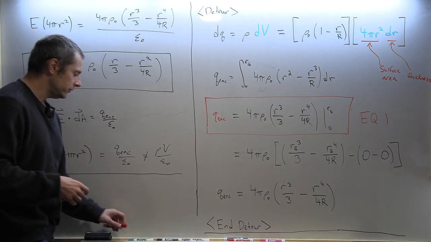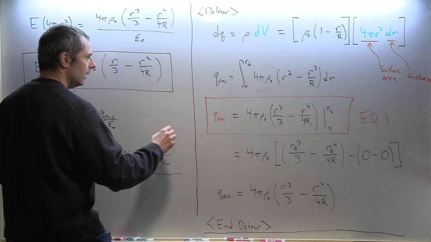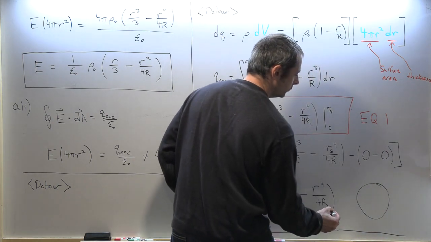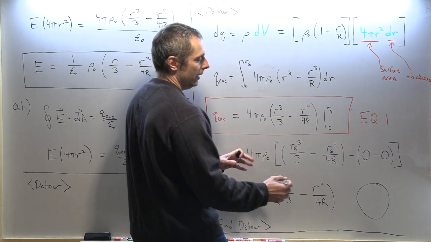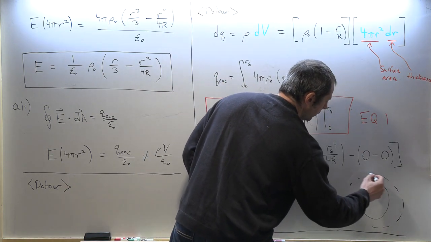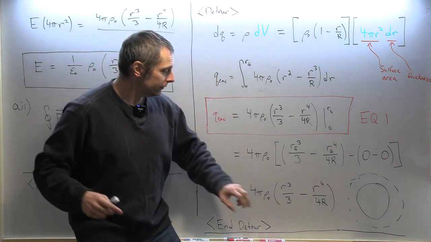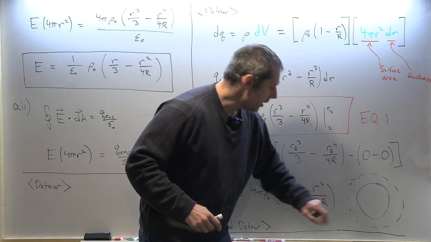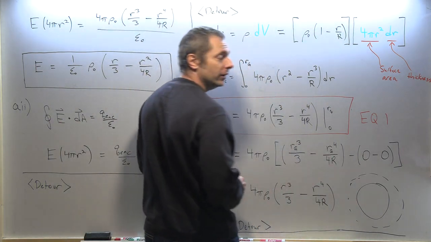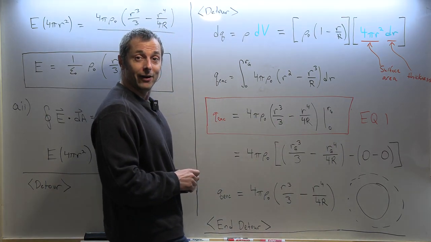The only difference is if we had our larger sphere like this, and that's the sphere, and so now our Gaussian surface is out here. When we integrate, we don't integrate to the Gaussian surface because there's no charge over here. We have to stop our integral at the surface of our charged sphere. So all we're doing is changing our limit to capital R.